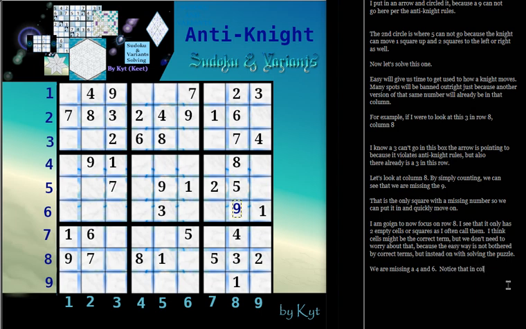Notice that in columns 3 and 6, there is no 4 or 6. However, if we were to look at the 3 by 3 grid here, in columns 1 through 3 and rows 7 through 9, we see a 6.